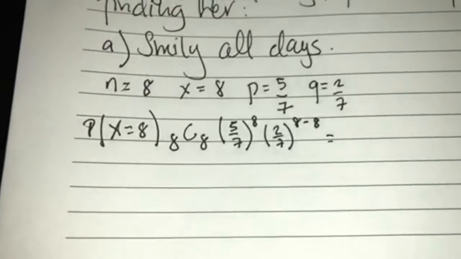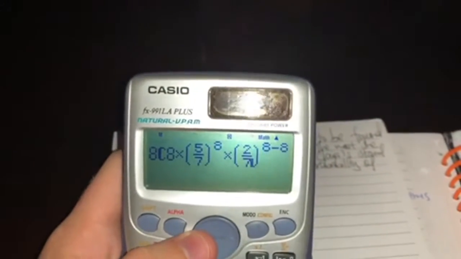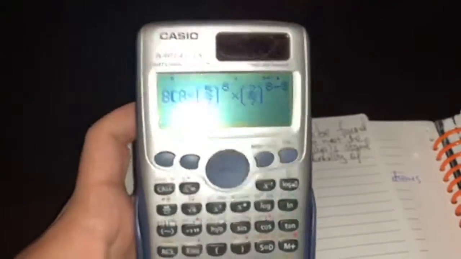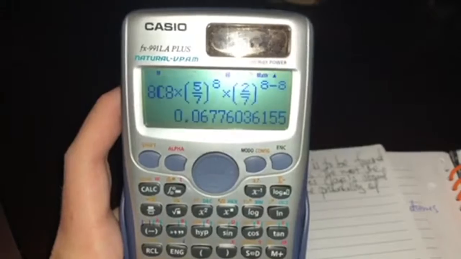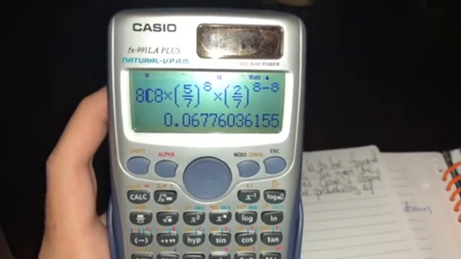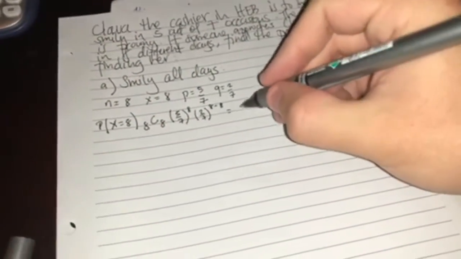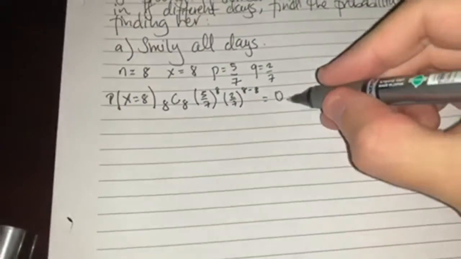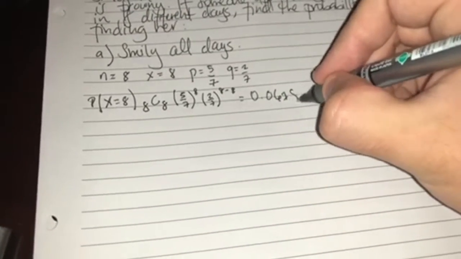When you plug this into the calculator, the answer will be 0.06776. So that was the answer, 0.0678.